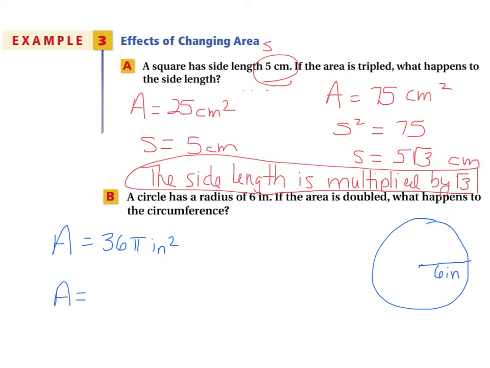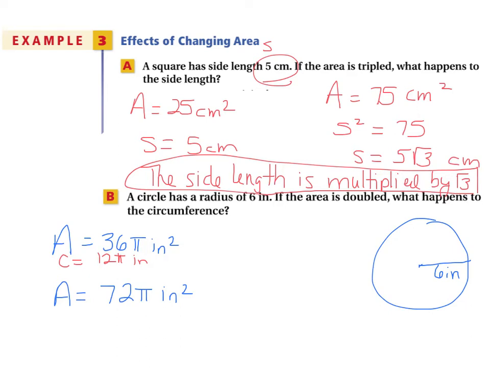All right, so that gives us 72 pi square inches. Well, the original circumference, we can't forget that, would be 2 pi r, so that'd be 12 pi inches.